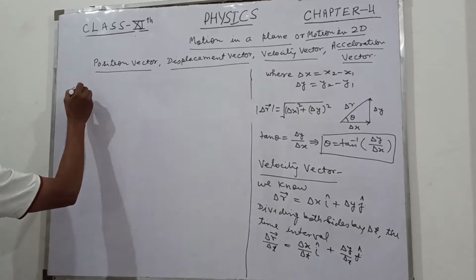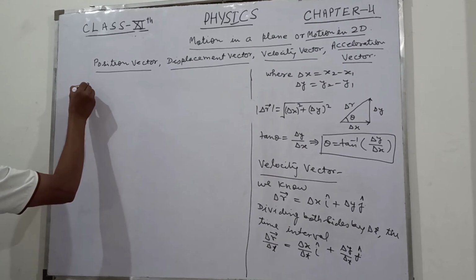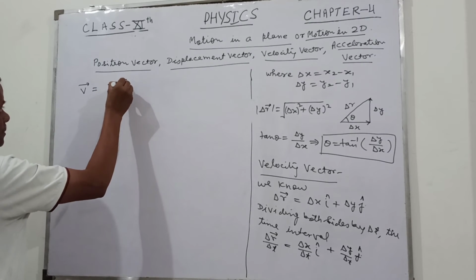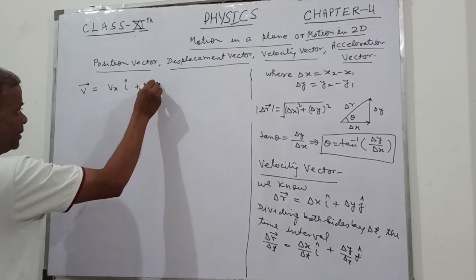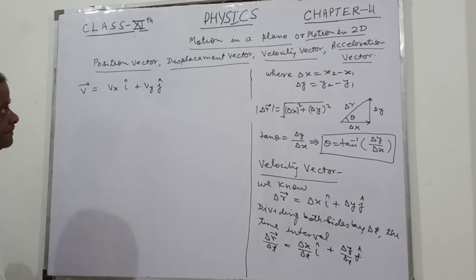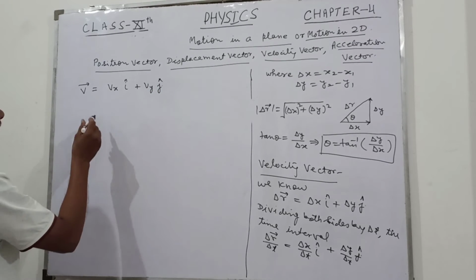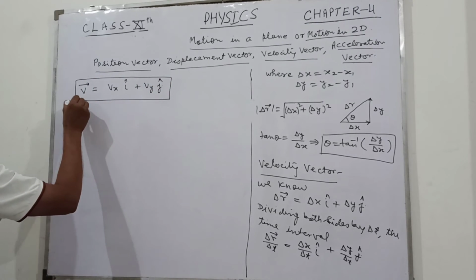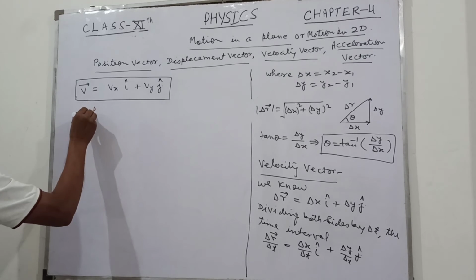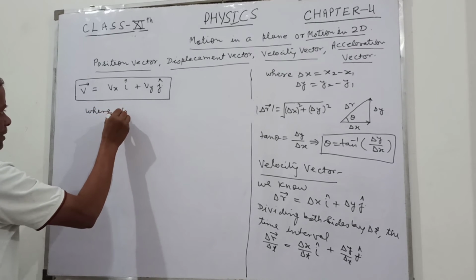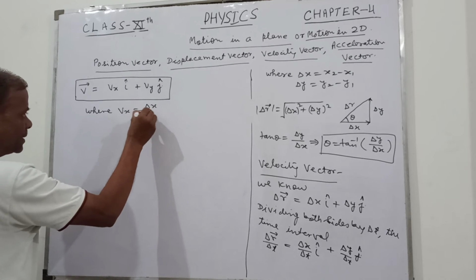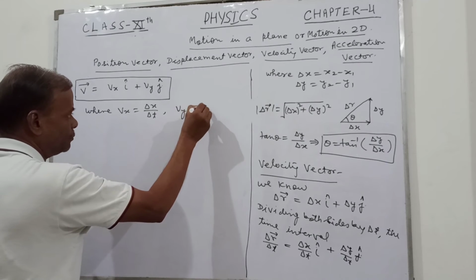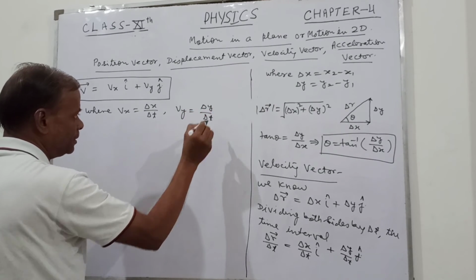So this is equal to V, which is equal to Vx i plus Vy j. This is now your velocity vector, where Vx equals delta x upon delta t and Vy equals delta y upon delta t.